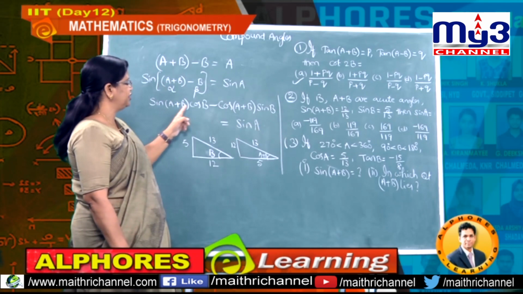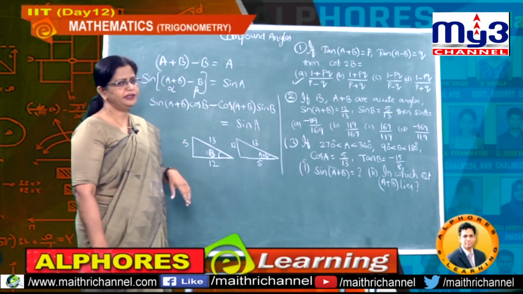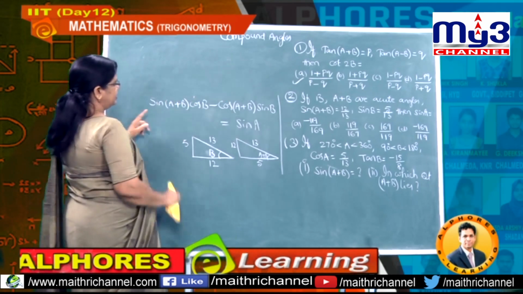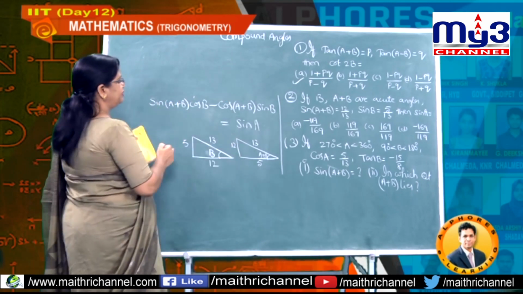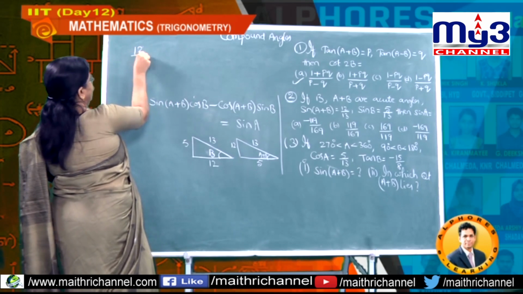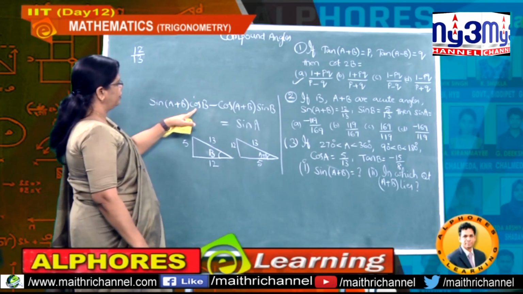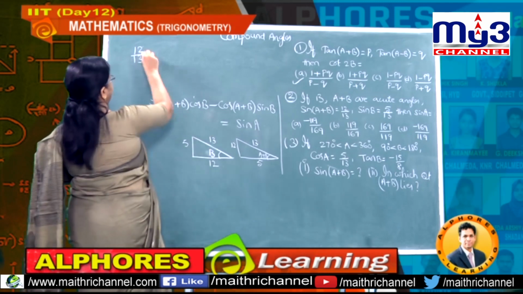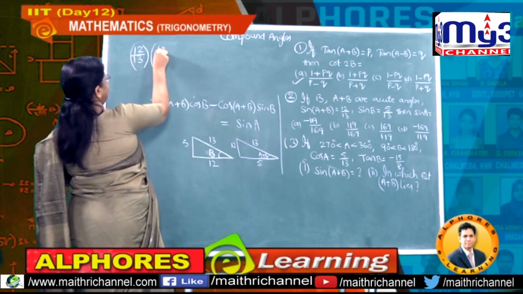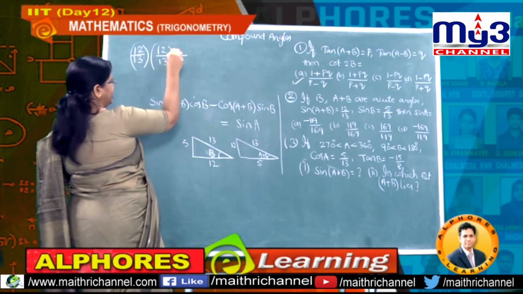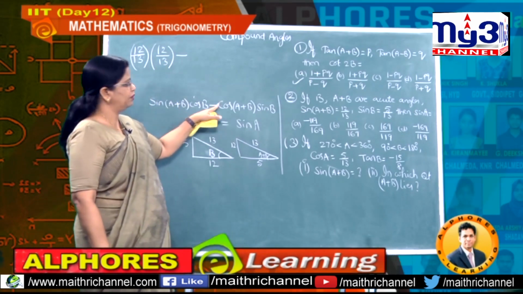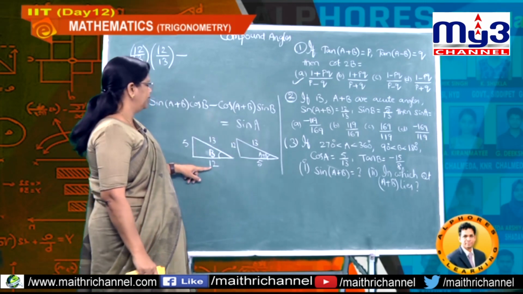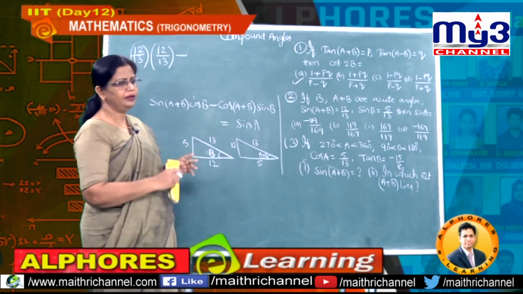Now let us substitute these cosine values in the problem. If you substitute them, sin A plus B is 12 divided by 13, and next cos B means again what? 12 by 13. So 12 by 13 into 12 by 13, and next minus cos A plus B, that is 5 divided by 13, and next sin B value 5 by 13.